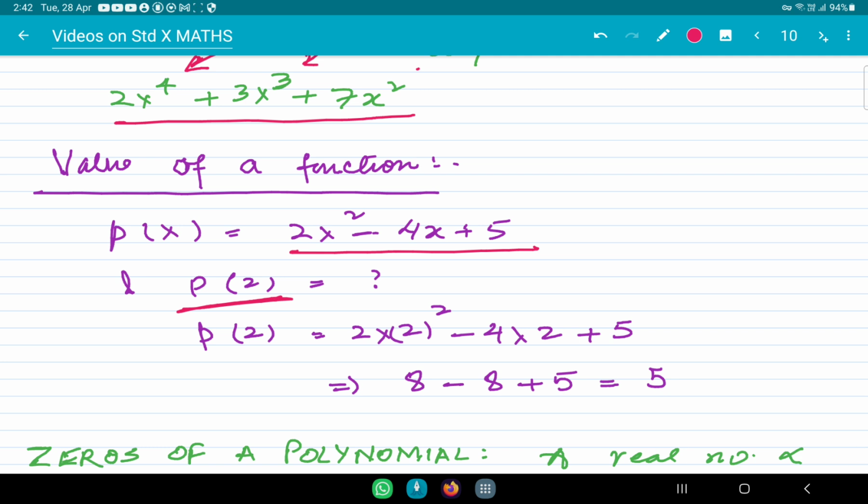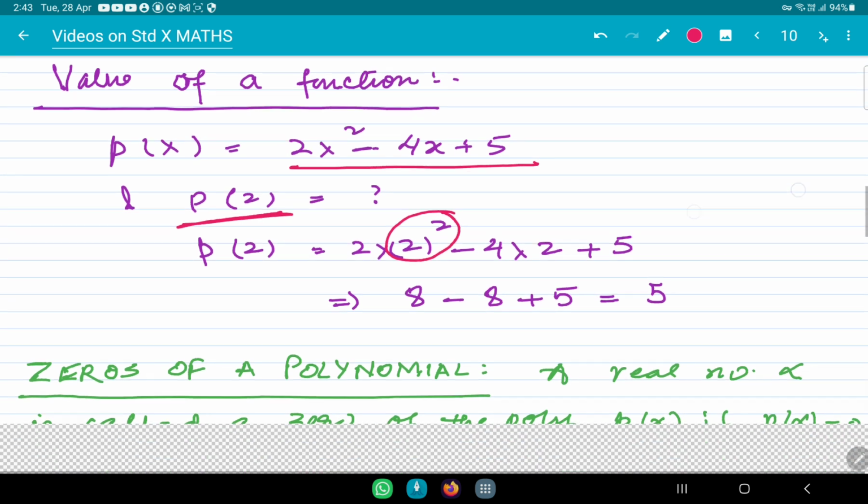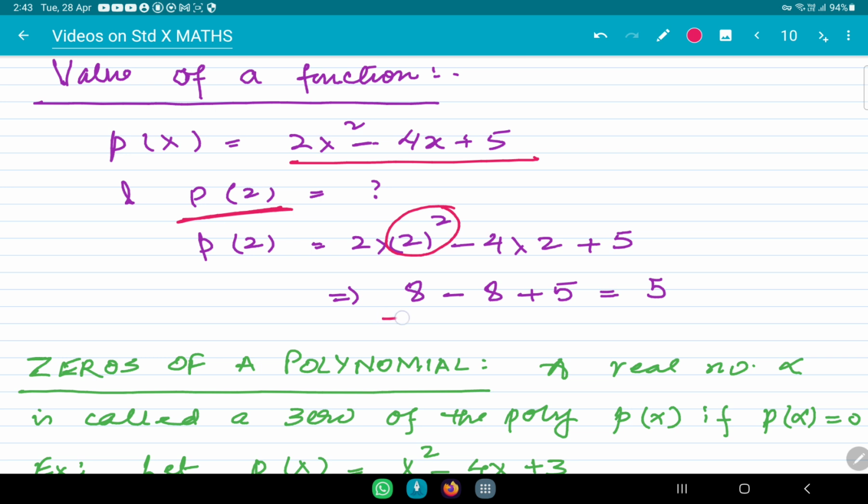Wherever you have x, you put 2. So here you can see 2 into 2 raised to the power 2 minus 4 into 2 plus 5. Just simplify it and we will get 5. So the value of p of 2 is 5. Value of the function means whatever number they give you, just put that number instead of x or any variable present in your polynomial.